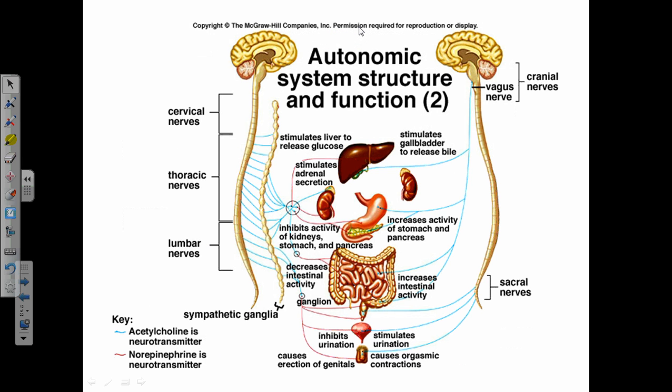Let's look at another side of the picture. Here we're looking at different parts of your body. Notice the sympathetic part tends to slow down anything related to like digestion. Because if you're in danger, are you really worried about digestion? Those things are way to put on the back burner. The blood that had been flowing to the stomach and the intestines and other parts of the digestive system, where would that make more sense to send that blood if you're in danger?